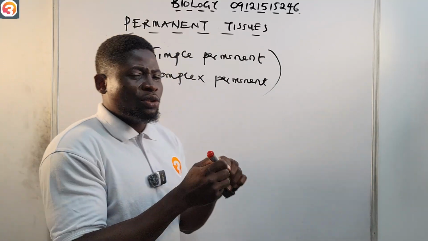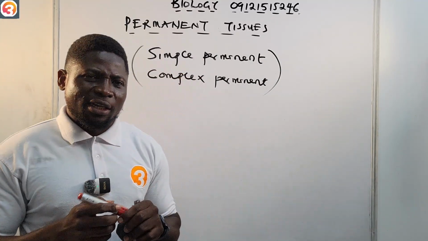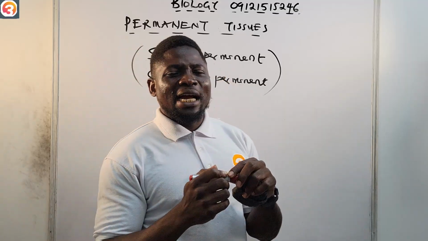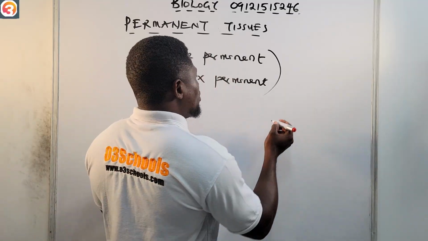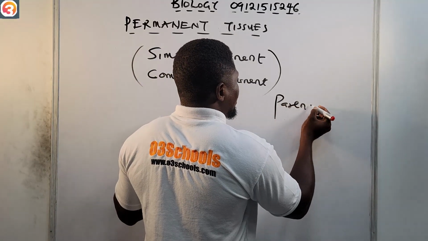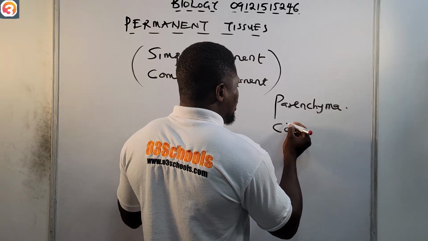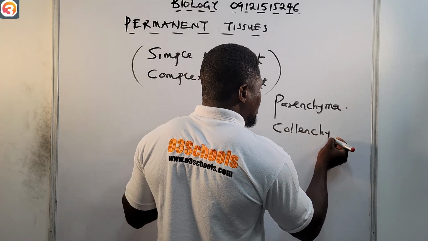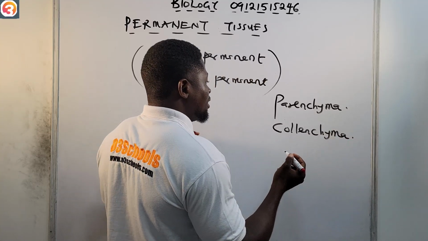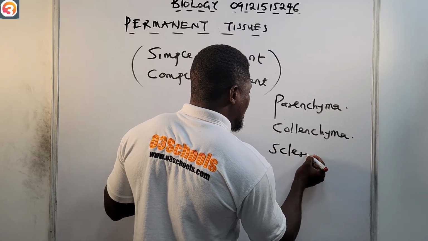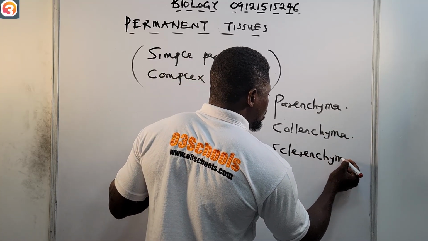The simple permanent tissues are divided into 3. Number 1, we have the parenchyma tissues. Number 2, we have the collenchyma tissues. Number 3, we have the sclerenchyma tissues.